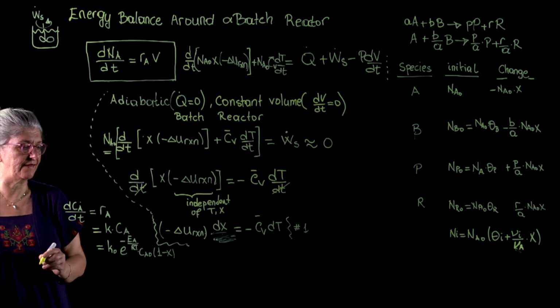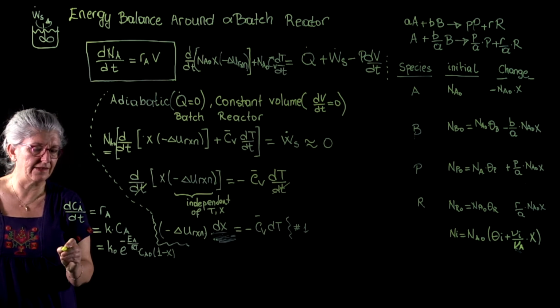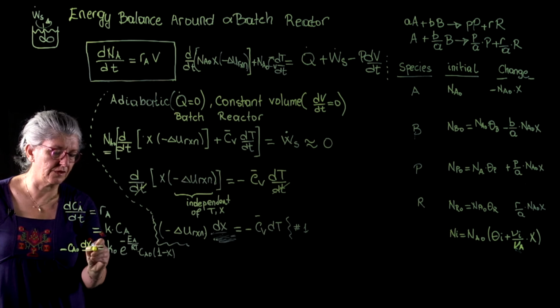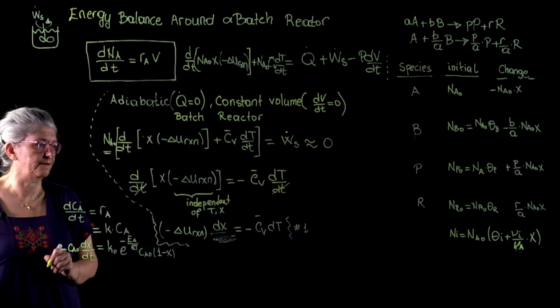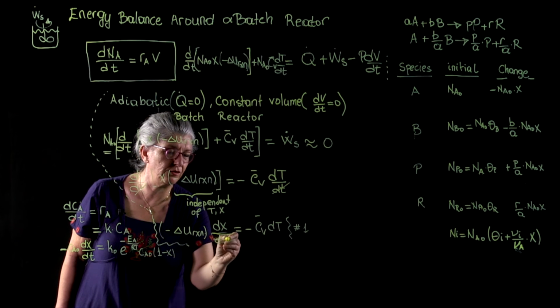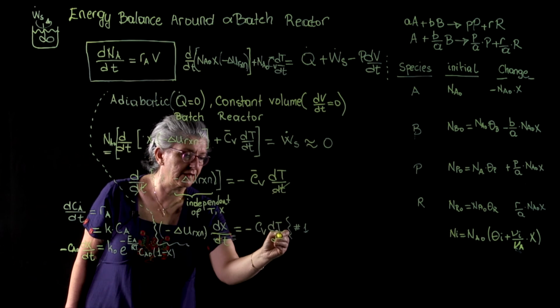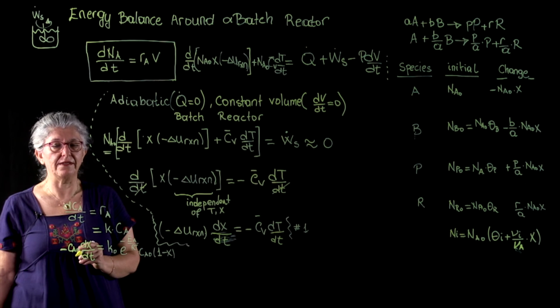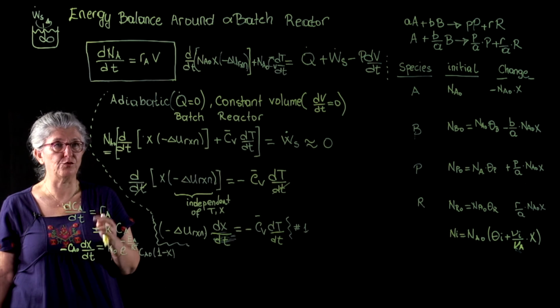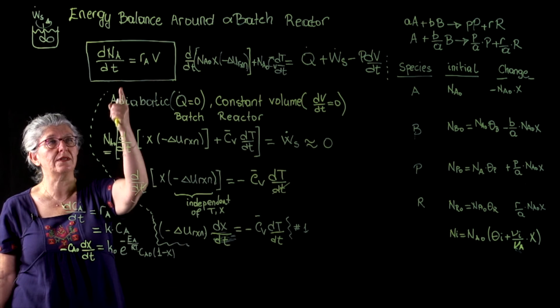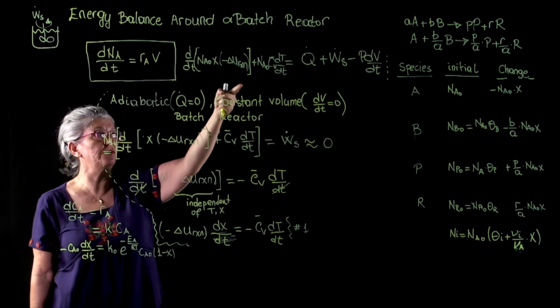On this side, we have minus Ca0 dx over dt. So perhaps it might be useful to maintain the dt terms in here so that we are going to have coupled ordinary differential equations. We have two unknowns, one is conversion, one is temperature, and we have two equations, one coming from the species conservation and the other one coming from the first law.